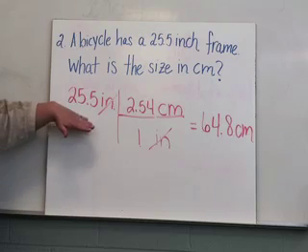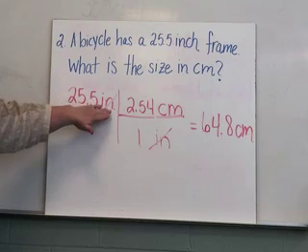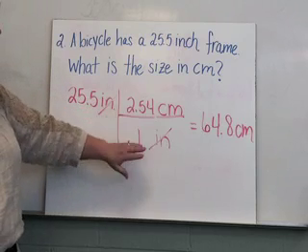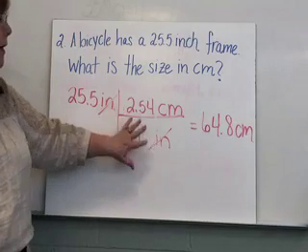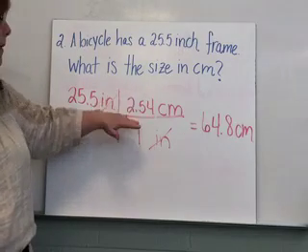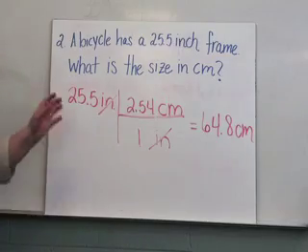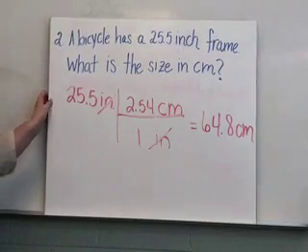Okay, so again, start with what's given. Let your units tell you where to put your unit down here and where your numbers go up here. The number stays with the unit. And we solved another problem.